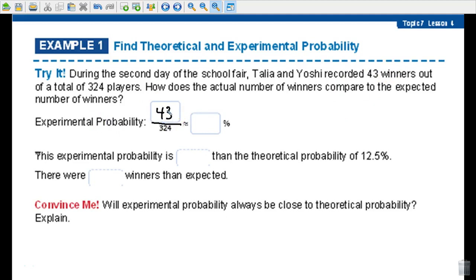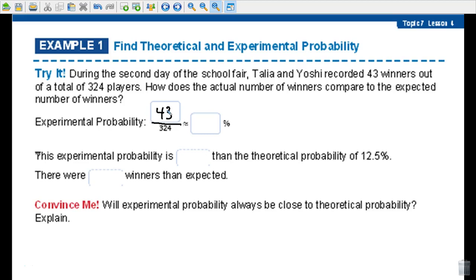Then we're going to work out the percentage. We're going to do 43 divided by 324. We get this long decimal, and then we multiply it by 100, and that gives me the percentage.